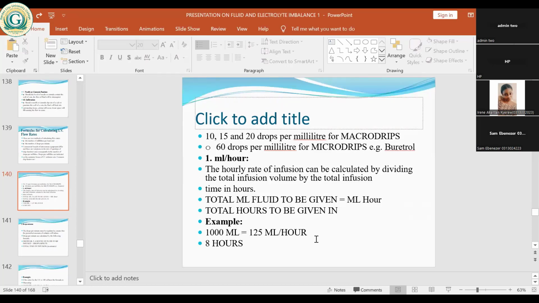You have to convert them into mils. The amount that you have will be the amount of infusion. Then you divide it by the total time in hours. That will be the mil per hour. Fantastic. I hope there are no questions.